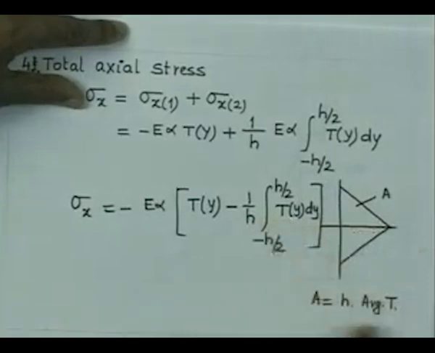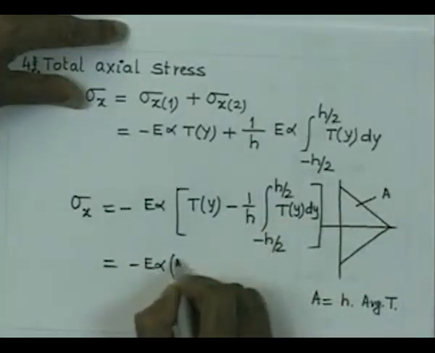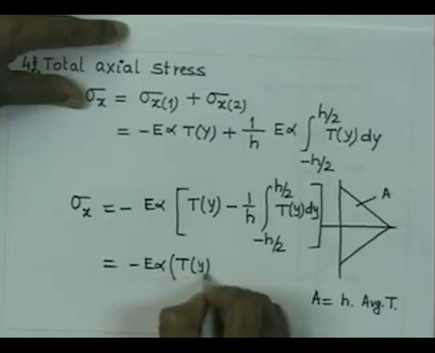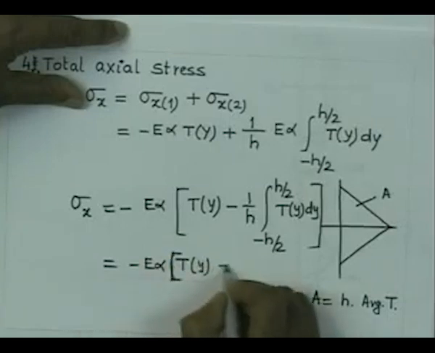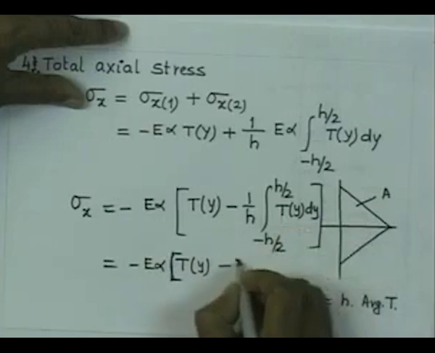So, this is nothing but the area, and therefore it is E alpha Ty minus this, which gives us nothing but the average temperature.